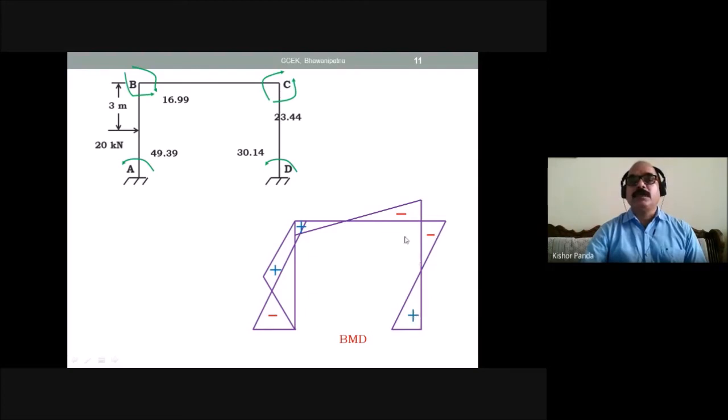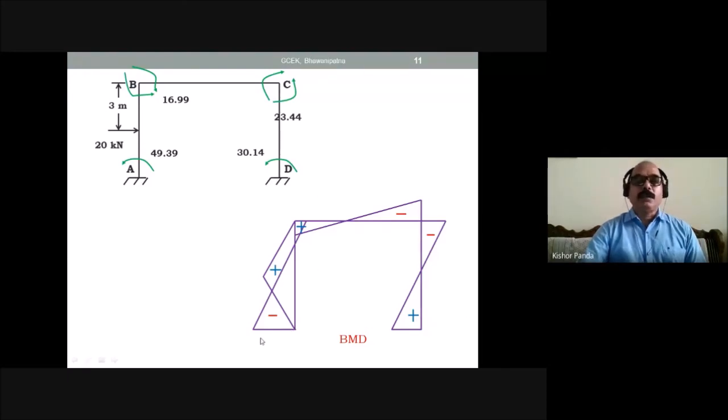Here also positive and negative, and here also positive and negative. But here this is also a positive BMD, so this portion cancels each other, the positive and negative. So here this is negative, and here this is positive, and this portion is positive. This is negative, this is negative, and this is positive. So this is the final bending moment diagram of the frame.